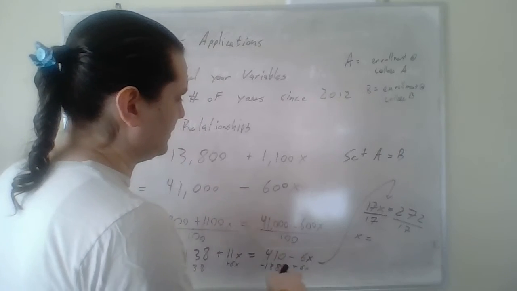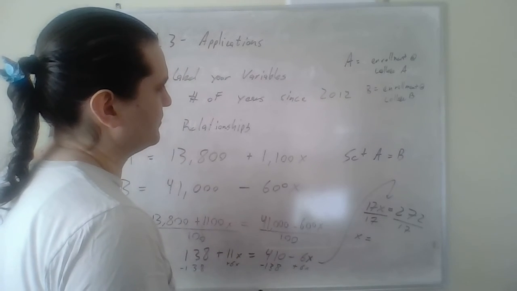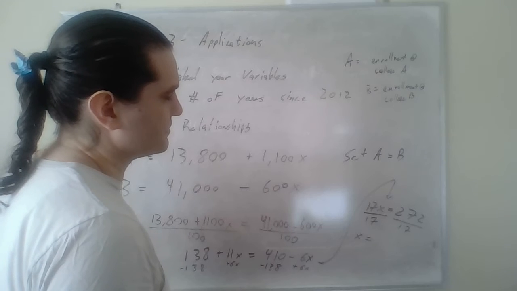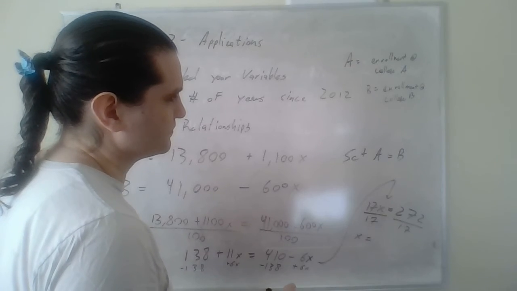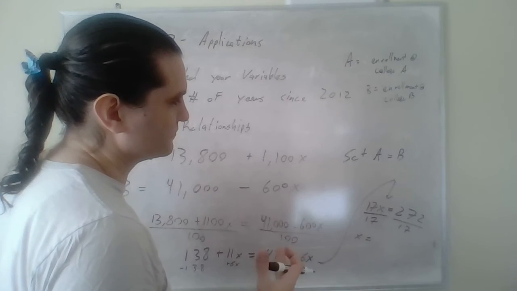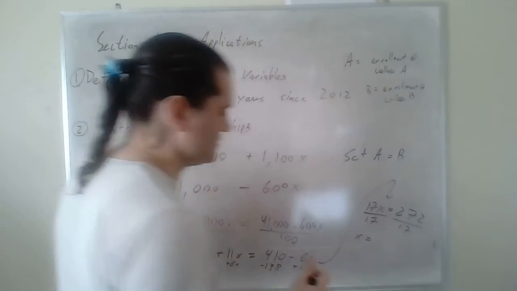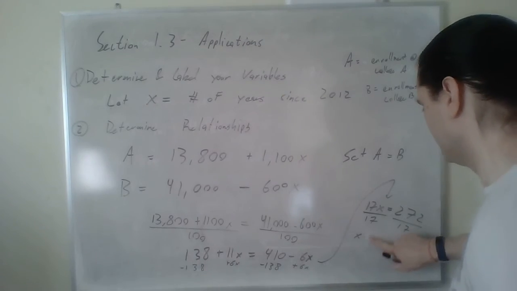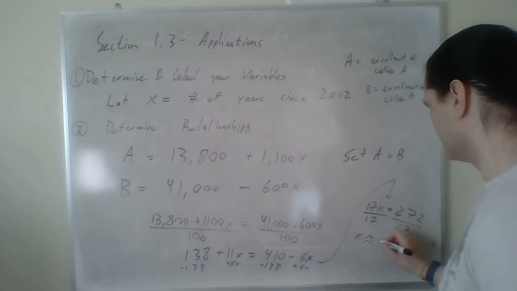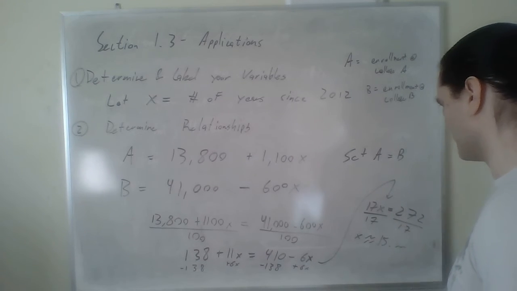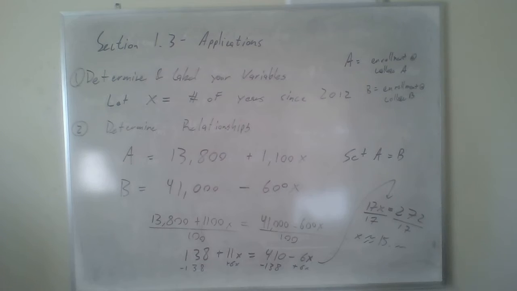That will give us 10 plus 5 and change. This is about 15 point something. It's 272 over 17.